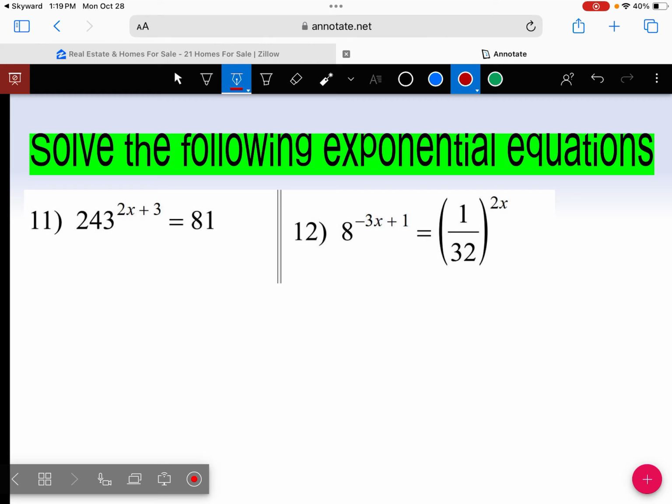Anyone? Who found the base? Raise your hand if you figured out the base for number 11. All right, what base did you use? 3. I agree, base 3. You get a fraction.